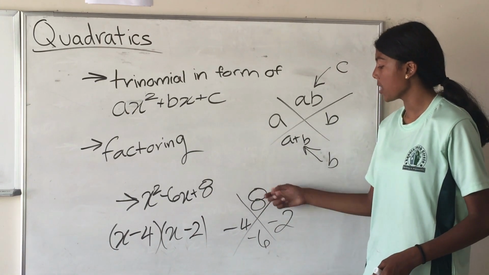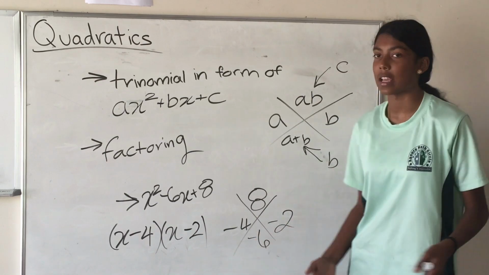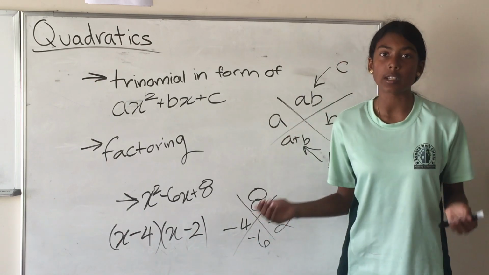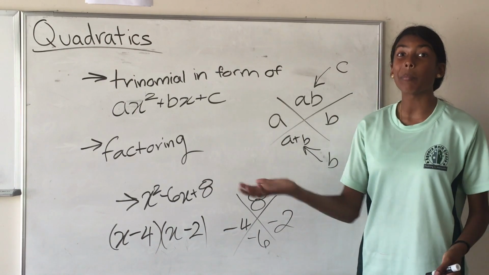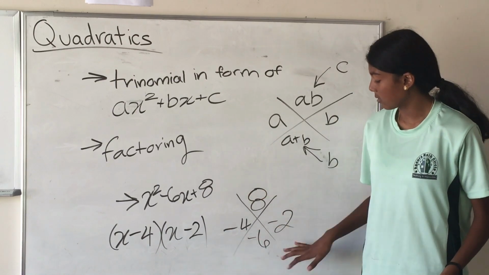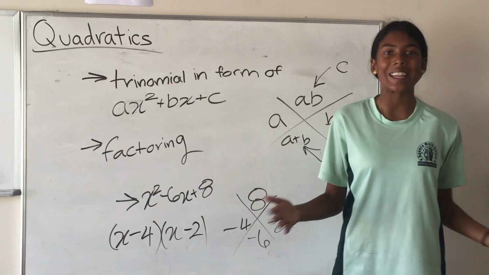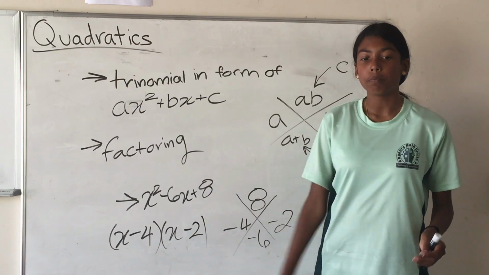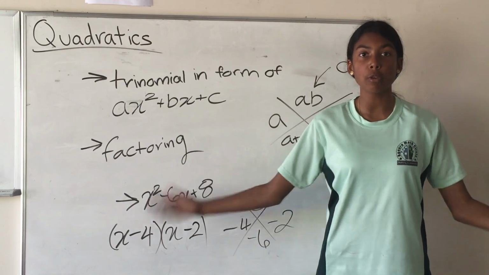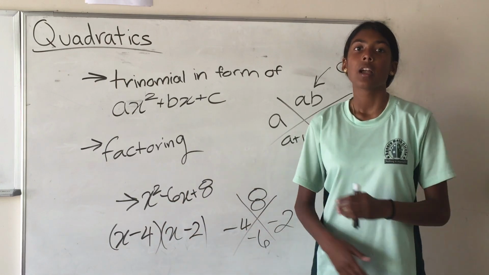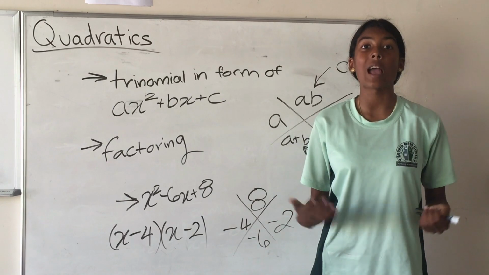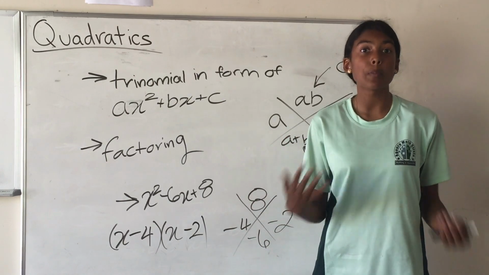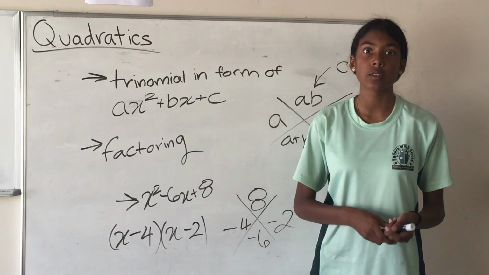Our product is going to be 8, our sum is going to be negative 6. So the thing with our product and sum is if the product is negative, then there's going to be one positive and one negative. And if it's positive, we're going to have either two negatives or two positives. And if our sum is negative, that means we're going to have two negatives. If it's positive, we're going to have two positives.